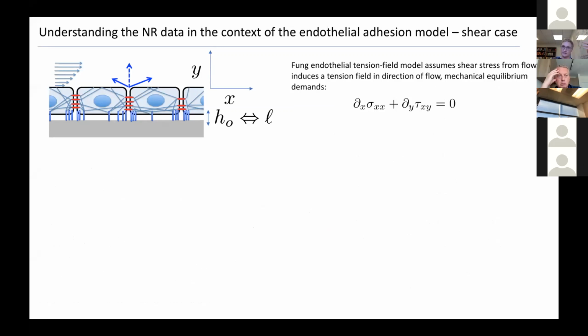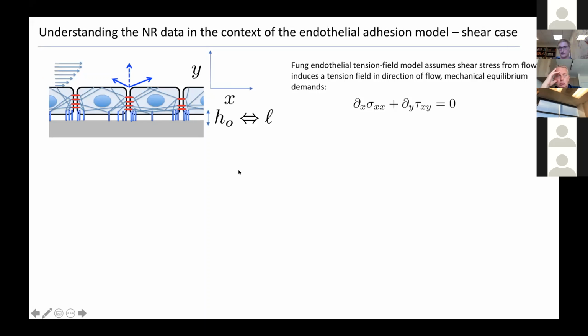There have been classic biomechanical models of endothelial response to shear, and the most classic of these is the Fung endothelial tension field model, which simply assumes that if you have some stress that is parallel to the cells, this will induce a shear stress in the direction normal to the cells.